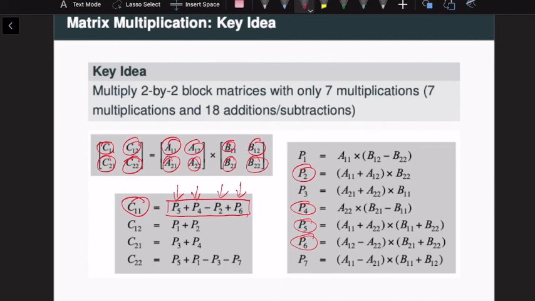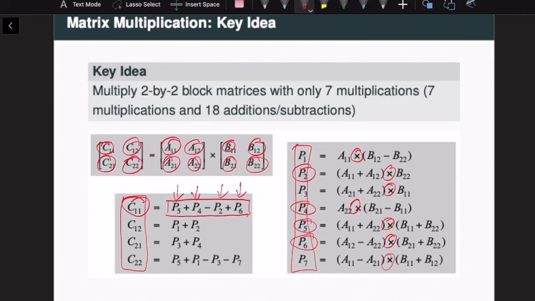So this is actually a very, very interesting result that says that you can compute each one of the blocks C11, C12, C21, and C22 by computing these 7 pieces. And each one of those 7 pieces only has one multiplication; they're multiplications and additions of matrices.